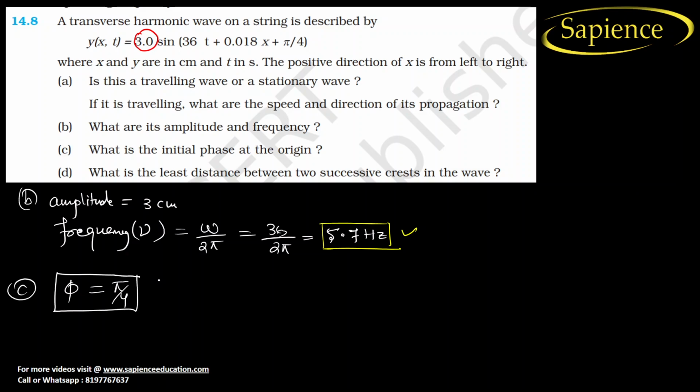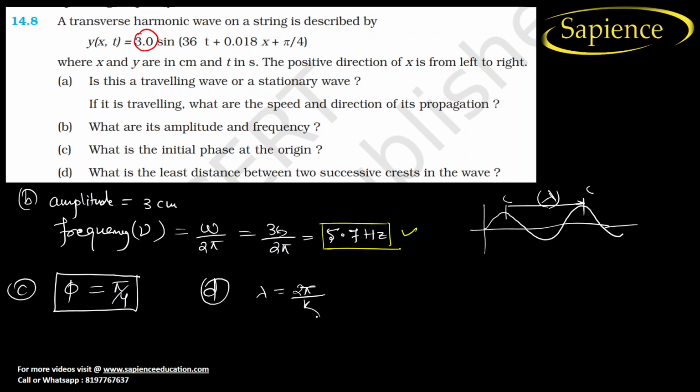Now what is the least distance between two successive crests in the wave? If the wave is like this, the distance between two crests is known as lambda. So they are asking about lambda. We know that lambda is equal to 2 pi by k.